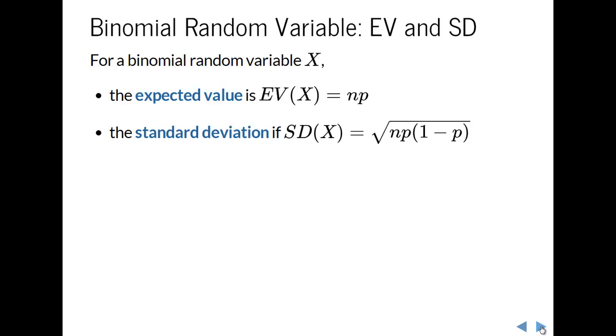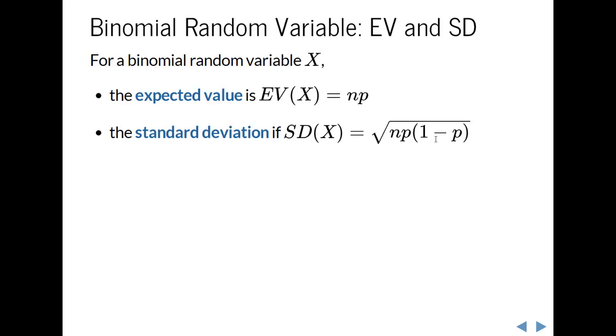We avoid all of the summation by using these. So the expected value of a binomial random variable is the size, n, times the probability, p. The standard deviation is the square root of n times p times 1 minus p. These are a lot easier than the formulas you saw earlier in this section.